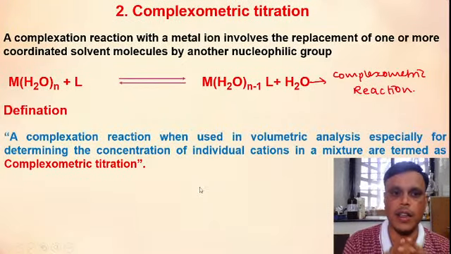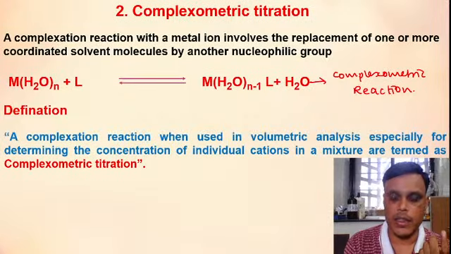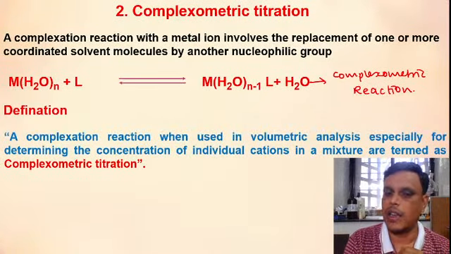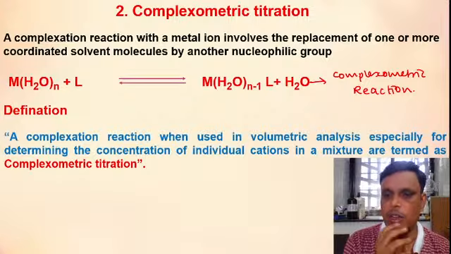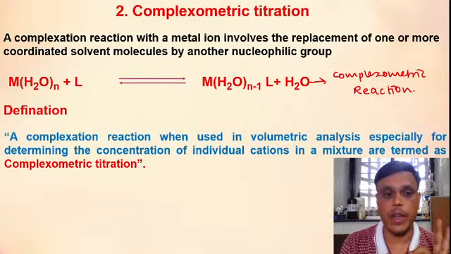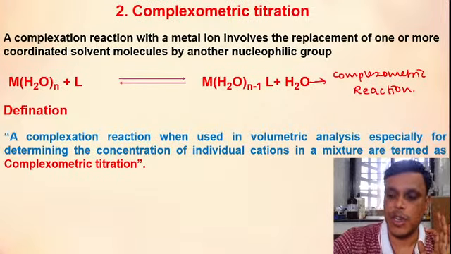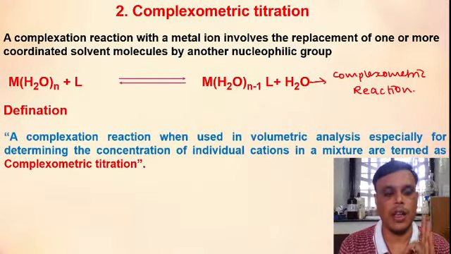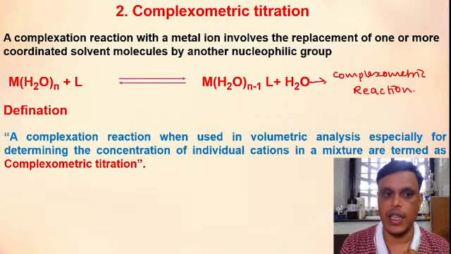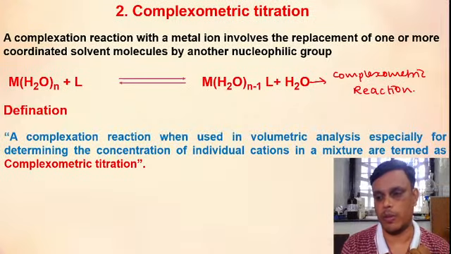For example, when a complexation reaction, that means this metal plus ligand reaction, is used in volumetric analysis, and what is the purpose of using it? To determine the concentration of individual cations, or to find out the percentage of metal cation present in a mixture, then that reaction or that titration is called a complexometric titration.